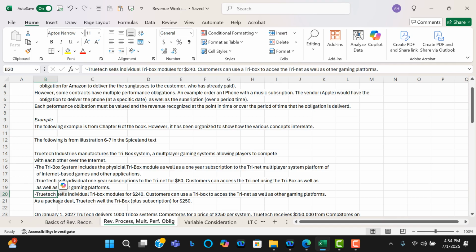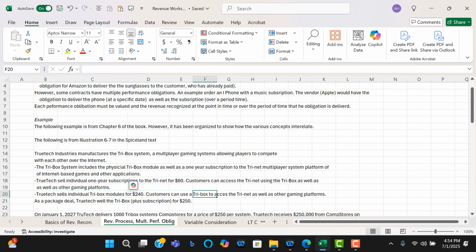Next one's also very important. If you were to buy a TrueBox itself, which is a piece of hardware to access the games, it has a standalone price of $240. Okay, and here's another important piece of information, kind of repeated from the last one. Customers can use the TrueBox to access the TrueNet, which is the gaming system sponsored by True Tech.